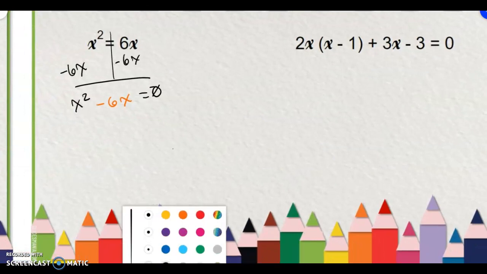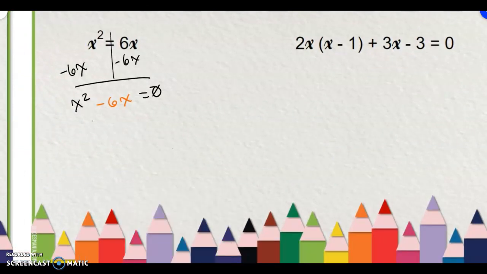So what we can actually do, we can actually factor this. Both of these have something in common. They both have an x. So I'm actually going to take an x out of both of these. And what's going to happen is I'm going to have x minus 6. So if I distribute this, I get x squared minus 6x. Now I can factor it.